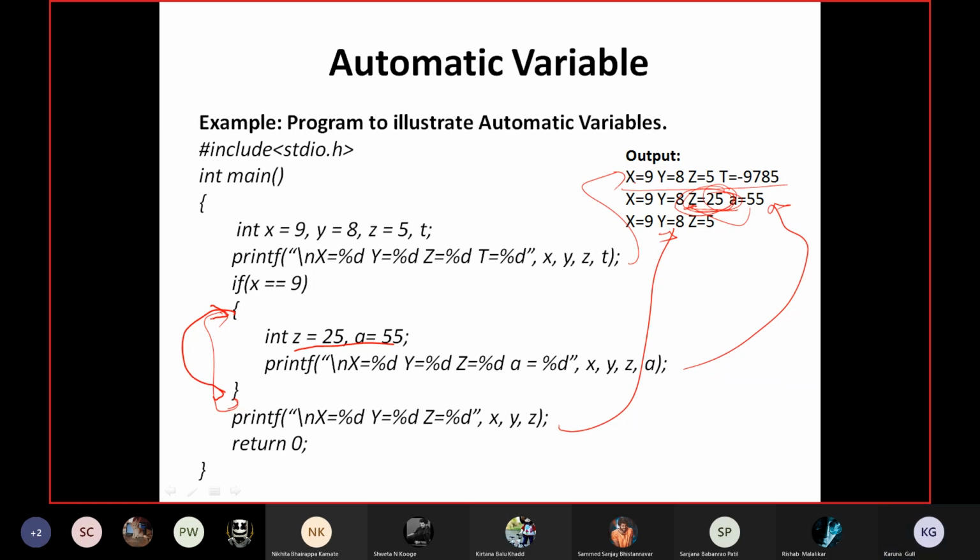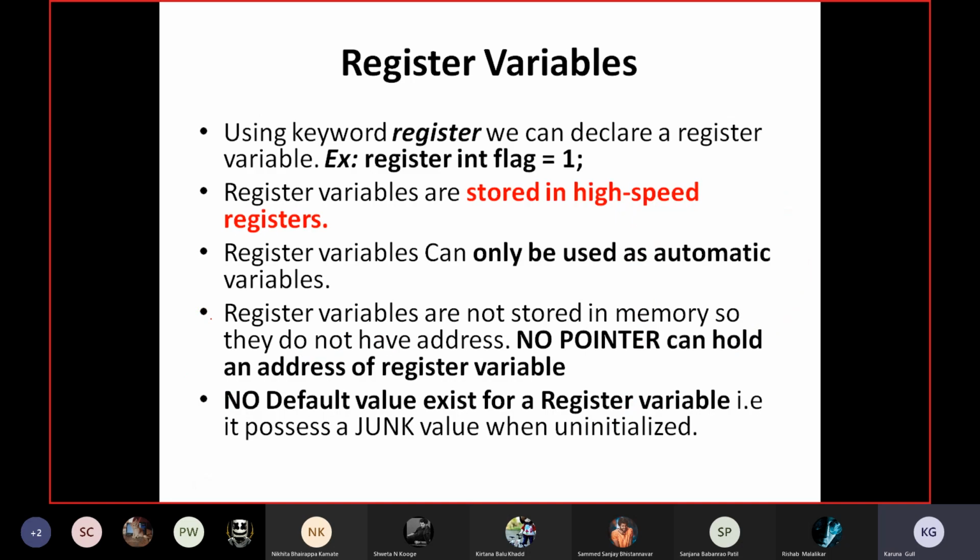Yes, ma'am. Okay, so let's move to the next: register variables. Showing this register variable is very hard here, because a register is usually found on the microprocessor. You have certain storage on the microprocessor itself. You already know there are a variety of microprocessors, like i5 and i7 machines.